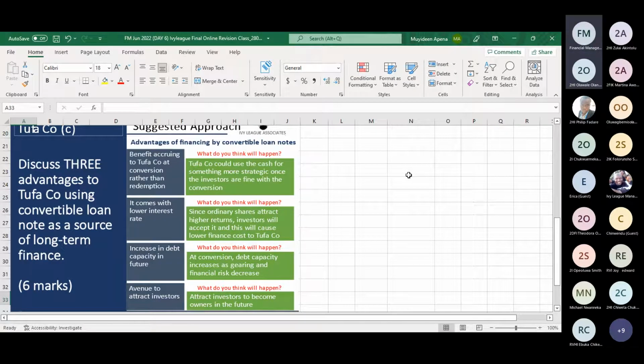But you know, the thing is that it's coming with that benefit. So the interest charge on it is lower. But guess what? It will attract a higher return because of that feature of equity. So they will accept it as an investor. And when they accept it, what happens?